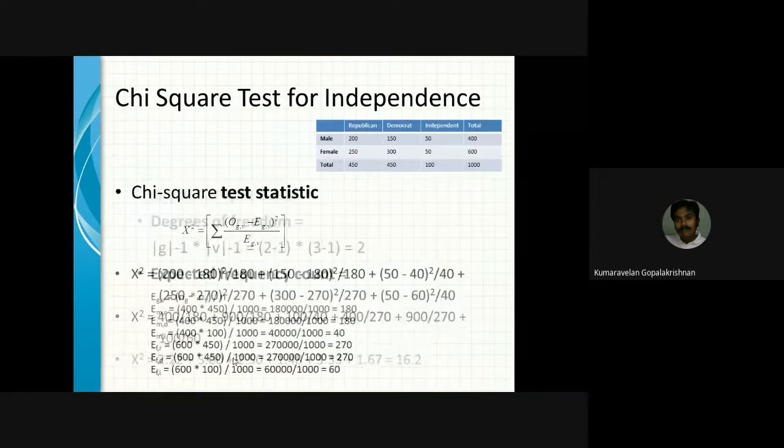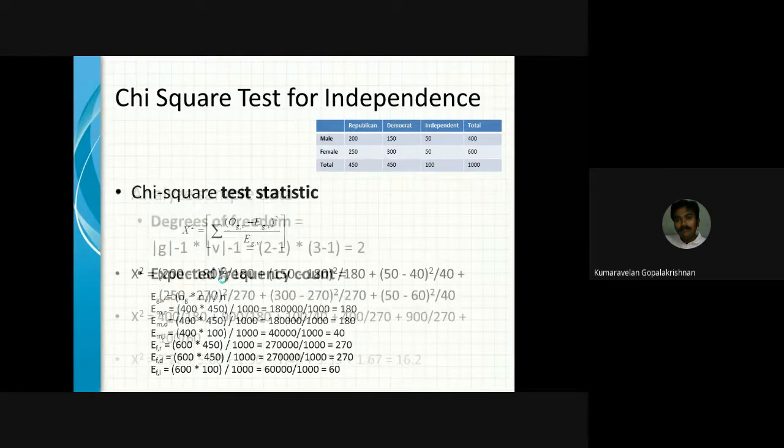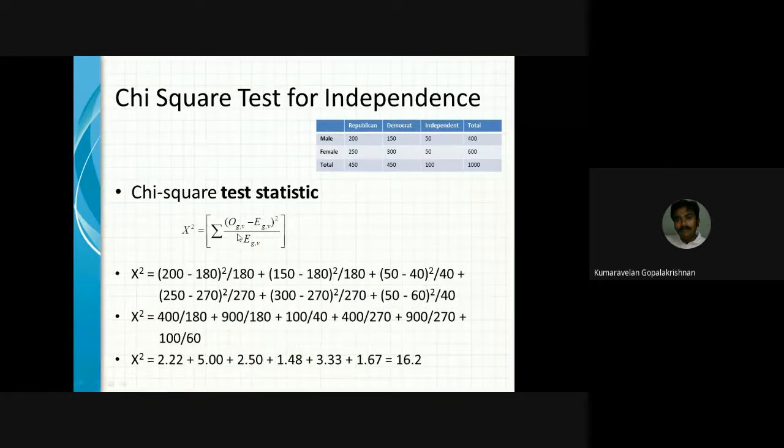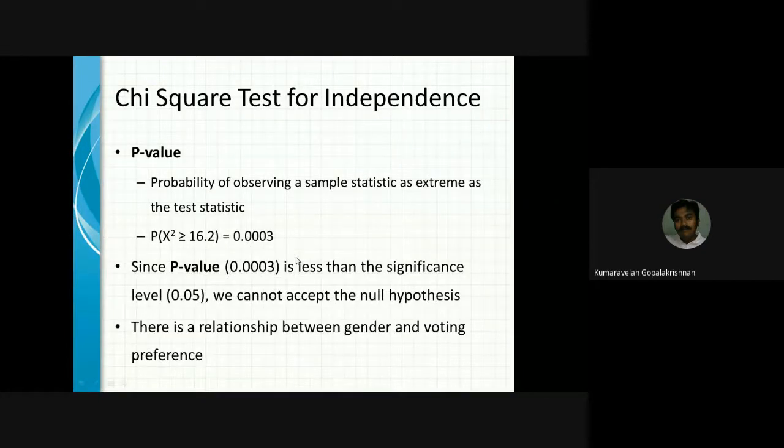Once the data set is given to you, you have to find out the degrees of freedom, next the expected frequency count, and finally apply the chi-square formula. You calculate the chi-square value and compare it with the table. Usually the chi-square table will be there.